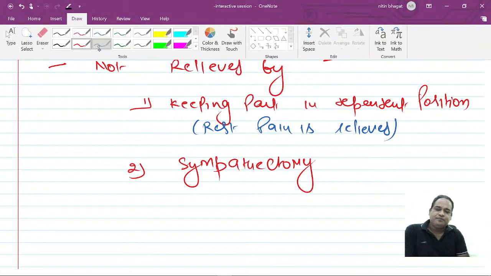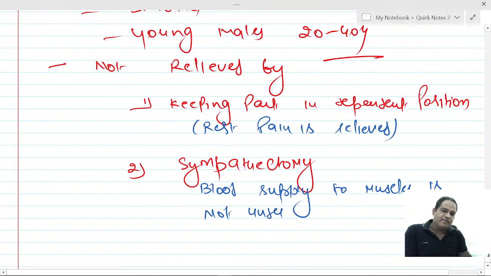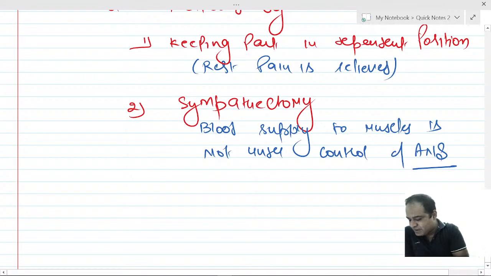Why? Because blood supply to the muscles is not under the control of the autonomic nervous system.